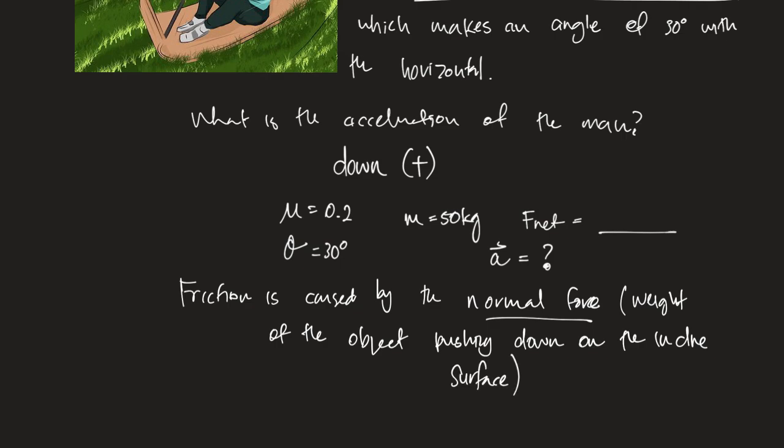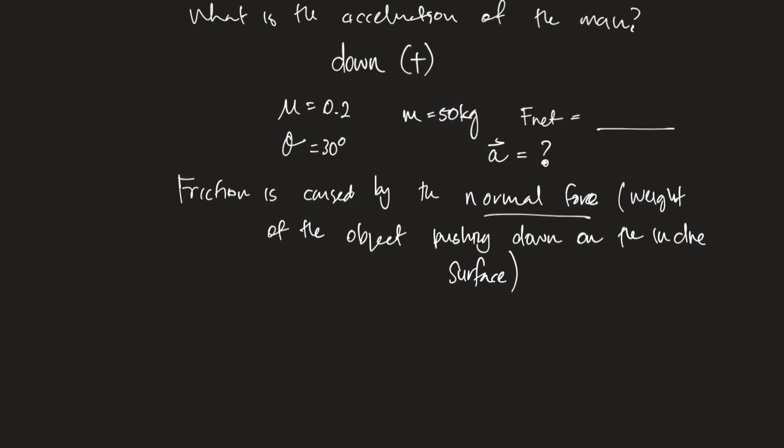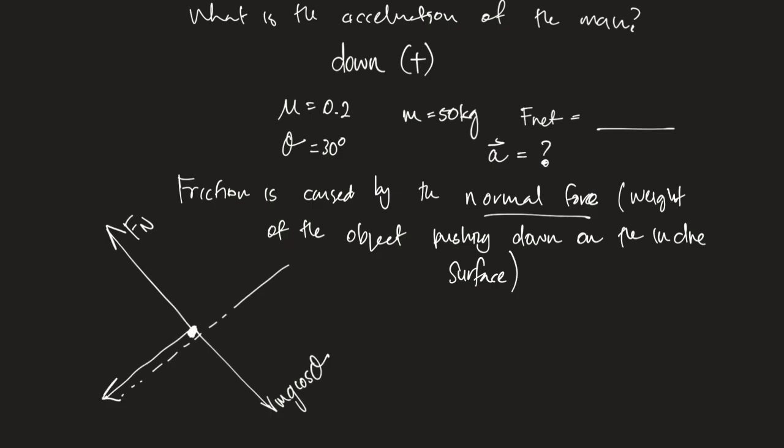Right? So now my biggest problem here is F net, because when I draw my free body diagram, I know that I have a force of the normal. Great. I know that in the opposite direction I have mg cos theta. Because I'm on a slope, I know my natural motion is down, which is mg sine theta.